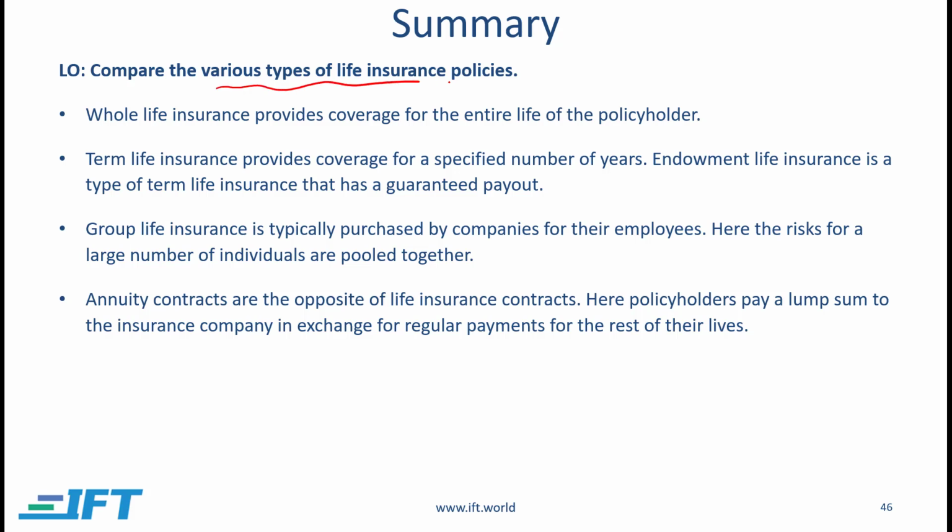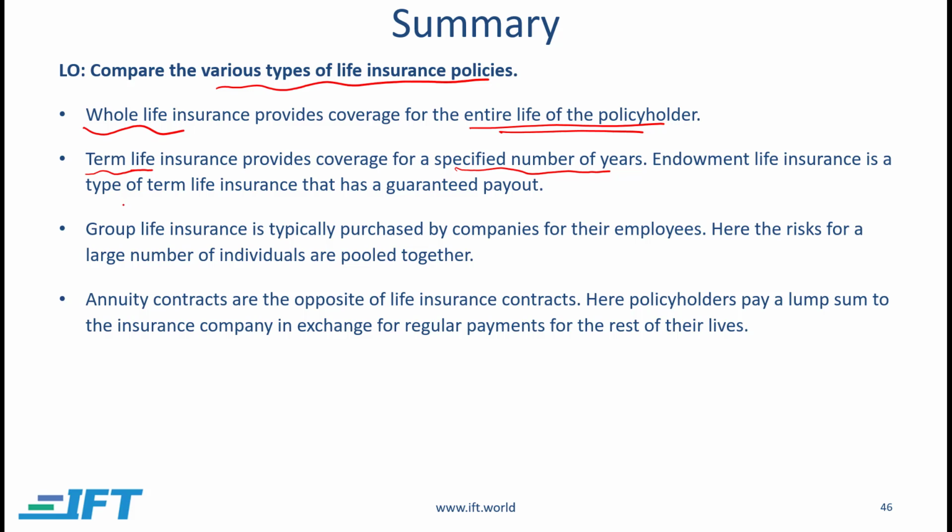What are the different types of life insurance policies? We talked about whole life insurance, which has a guaranteed payment whenever the policyholder passes away. With respect to that, term life is different because this is only for a specified number of years, which means if you pass away before that, then you get a payout. Otherwise, you will not get any payout and all that premium will go to waste.